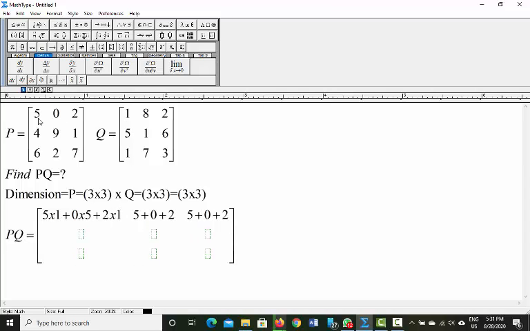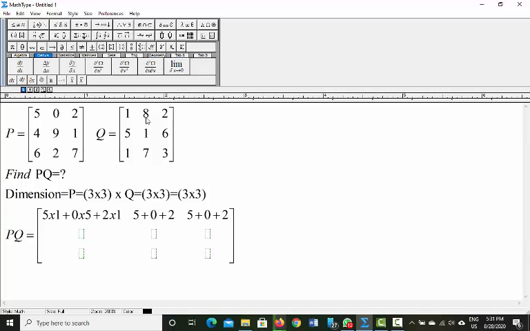I am saying again, we will multiply the first row of the first matrix with the first column, element by element, right? We have already included the first column here. Now we will move to the second column, so we will multiply the elements of the second column now.